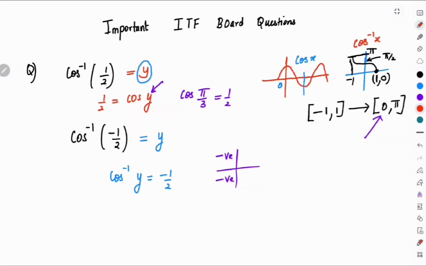You already know cos inverse of half is pi by 3, so you do pi minus pi by 3, which is 2 pi by 3. So cos inverse of minus half is 2 pi by 3. Is that clear? Yes.